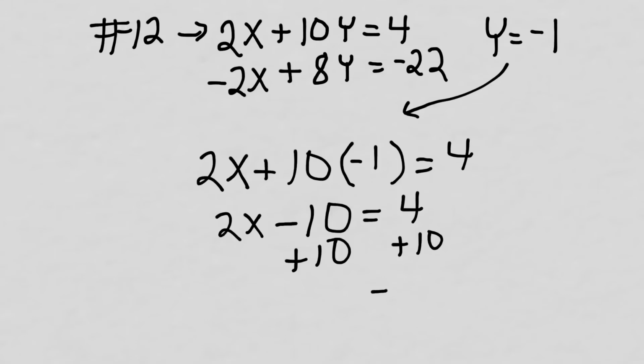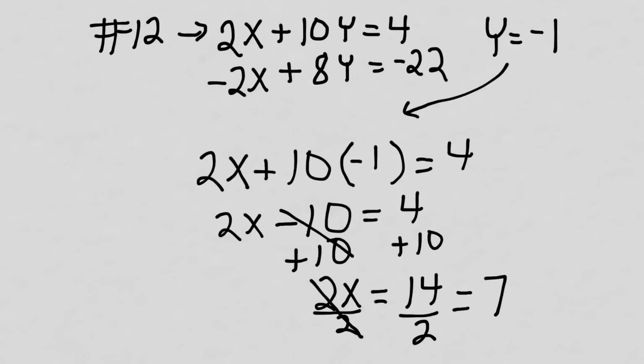I end up with 14 on the right and 2x on the left. Divide by 2, divide by 2, and I end up with x equals 7. So the answer to this one is x equals 7, y equals negative 1.